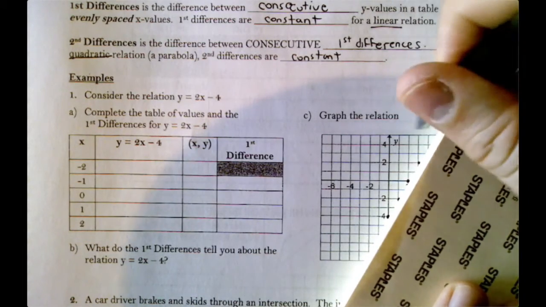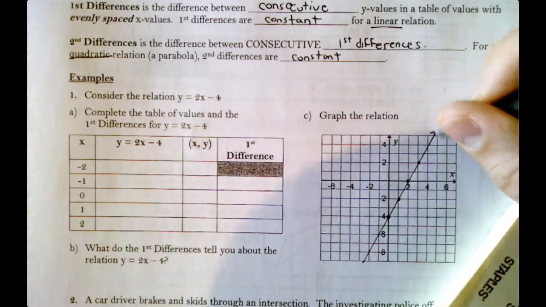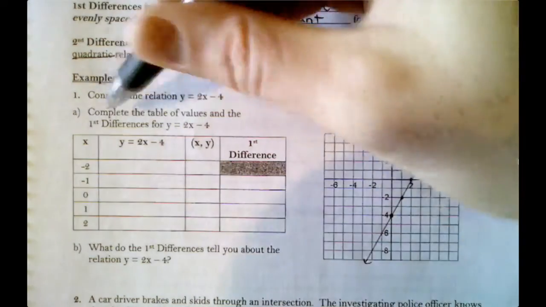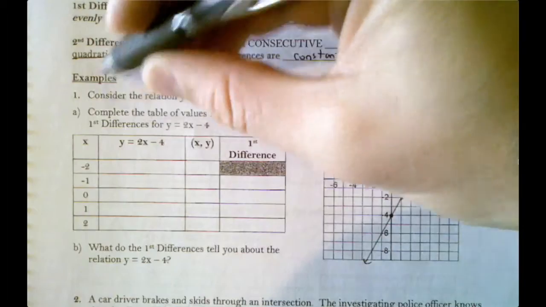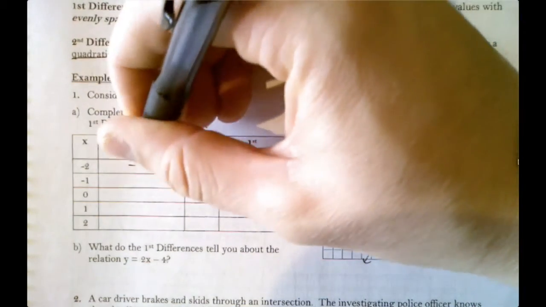And if we forget how to graph like this, that's okay, because we can also make the table by using the equation. All of our x's, we plug in for x and solve. If we do 2 times -2, we get -4. Subtract 4, we get -8.